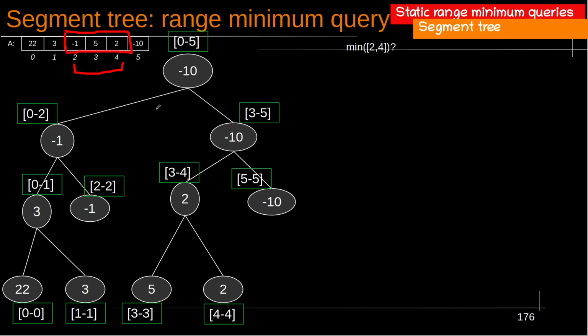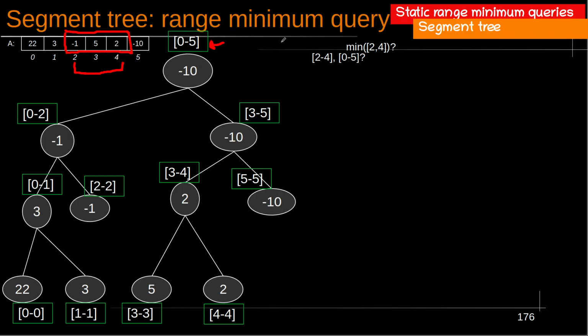Using the segment tree, first of course we have to build the segment tree as we have seen in the previous part. Then we have to check 2, 4 against 0, 5, which means the current node interval and the left and the right bound.